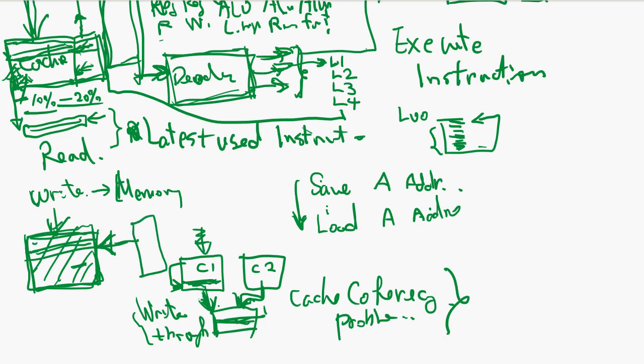When the cache becomes full, then you have to get rid of something, and in order to write this into the memory, you cannot reuse this cache to write the new data from the CPU. So what happens is there are many different algorithms people use for the CPU design.